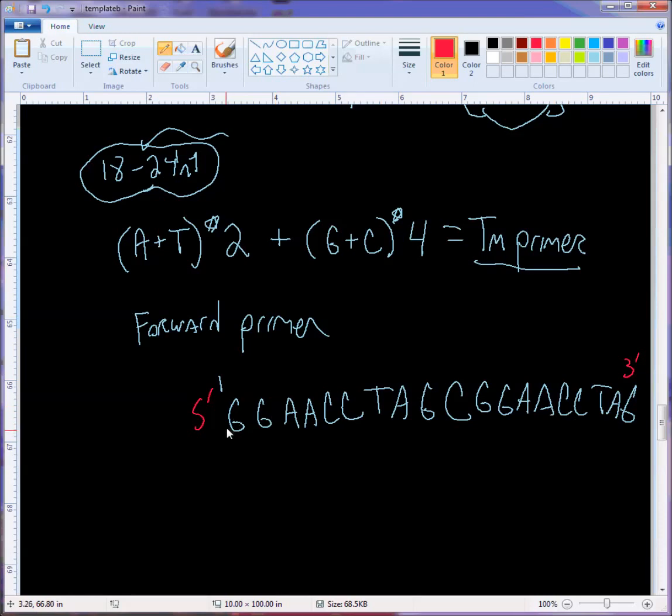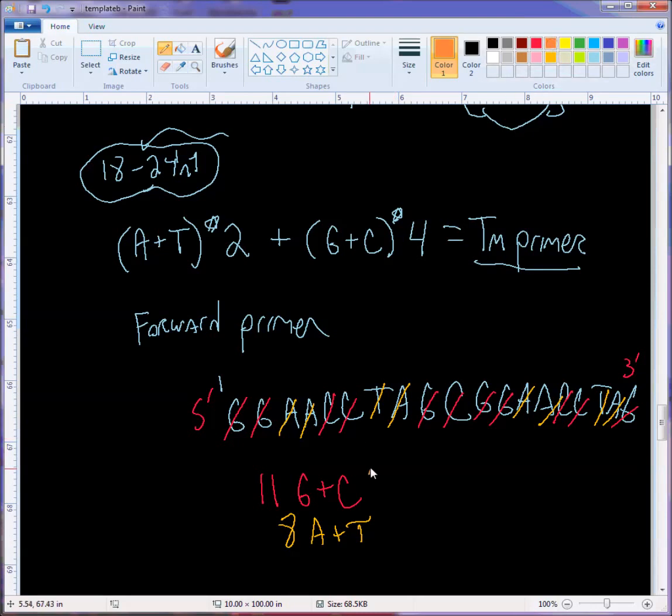So let's count the G's and C's. 1, 2, 3, 4, 5, 6, 7, 8, 9, 10, 11. So we have 11 G's and C's. Let's count the A's and T's. 1, 2, 3, 4, 5, 6, 7, 8. So 8 A's and T's. This is a relatively short primer. So I might want to make it a little bit longer, but let's see what the TM is.